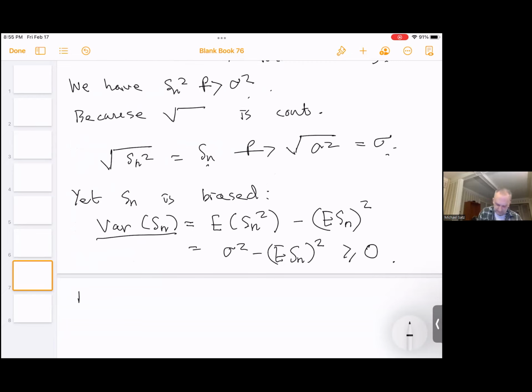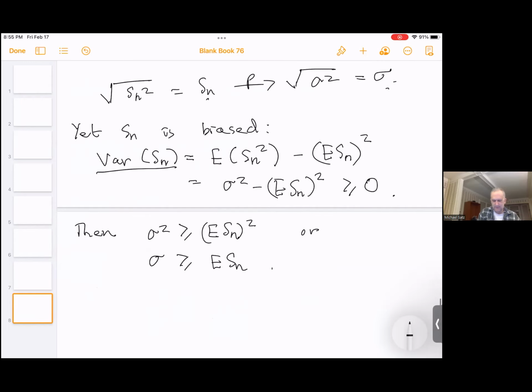So this implies that sigma squared is greater than or equal to E of Sn, squared. Or sigma is greater than or equal to E of Sn. Okay, we've almost showed it's biased, right? If I can get rid of the equal sign.